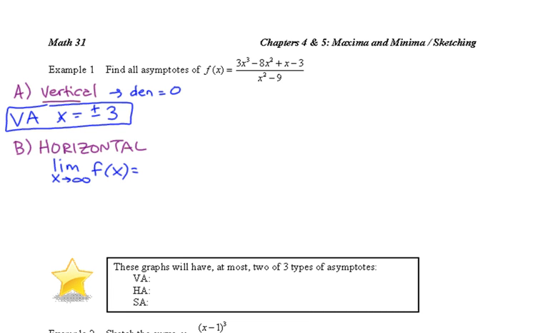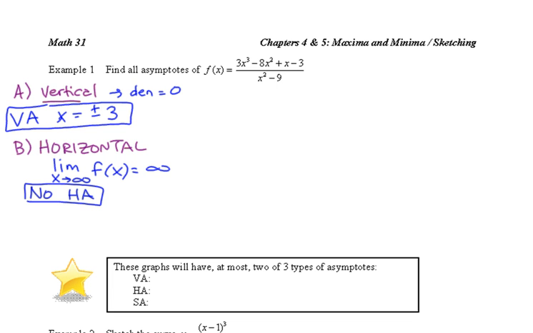So in this case, what's going to happen? We plug in infinity. Will it actually approach some number? It'll approach infinity. Yeah, 3 times infinity. So it's not approaching some number. So what can we say about the horizontal asymptote? No horizontal asymptote.